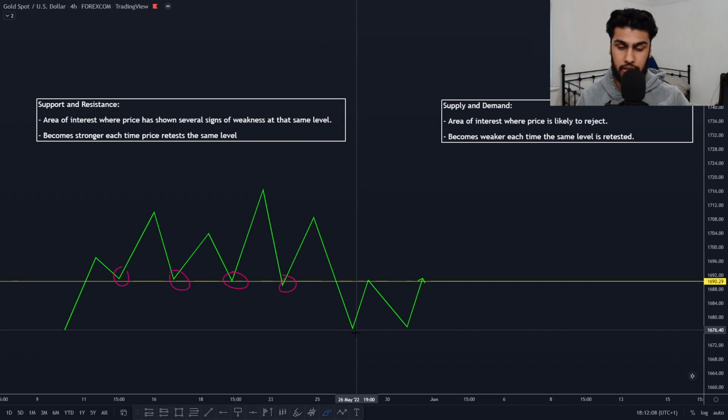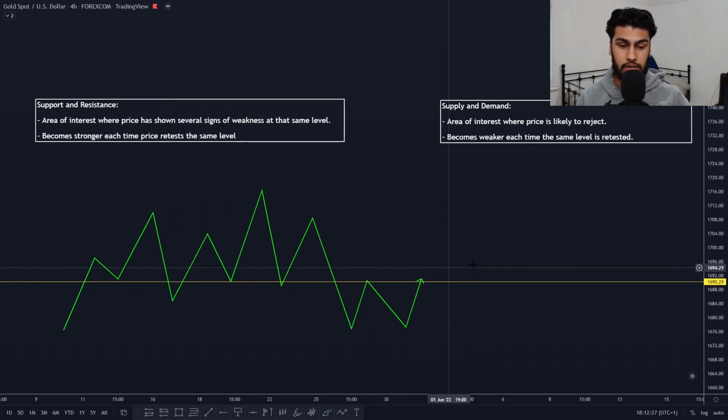Similarly, when price breaks below a support level and retests it as resistance, you want to wait for it to come back and retest it again before you look for sells, because again it's increasing the probability of price rejecting that level the more times this level gets tested.